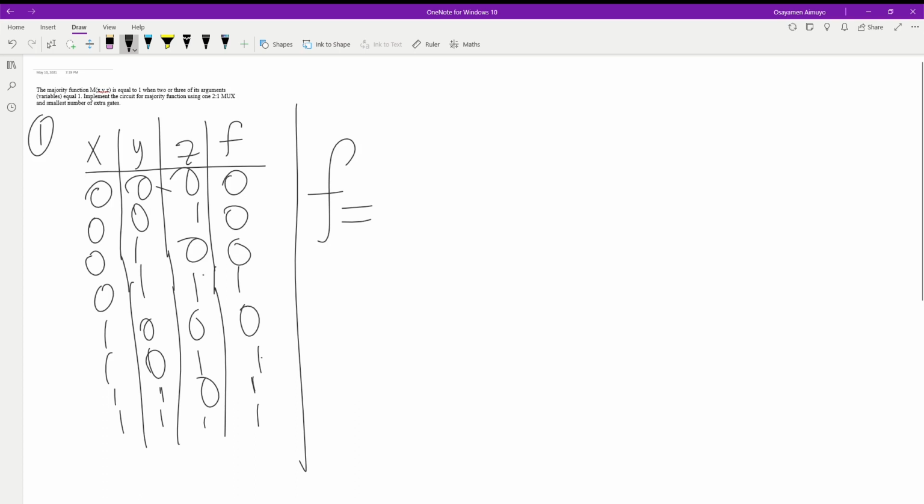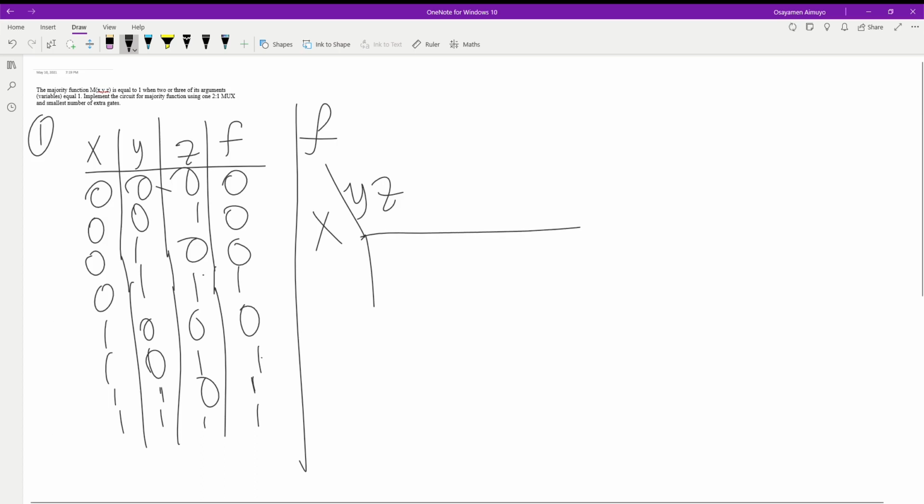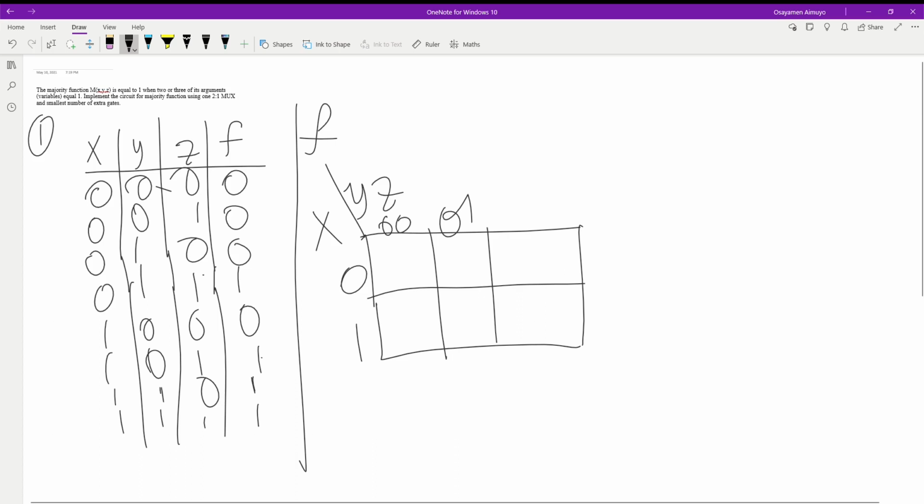Okay. First of all, in fact, let's just draw the K-map and simplify directly instead of writing out the minterms. Hopefully it simplifies to some nice function or something. So 0, 1, 0, 0, 0, 1, 1, 1, and 1, 0.